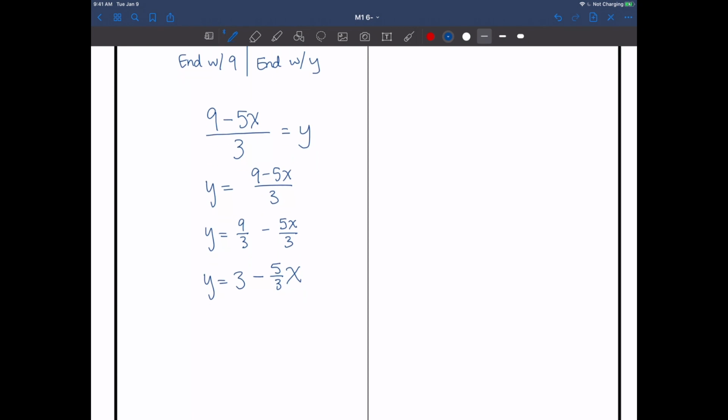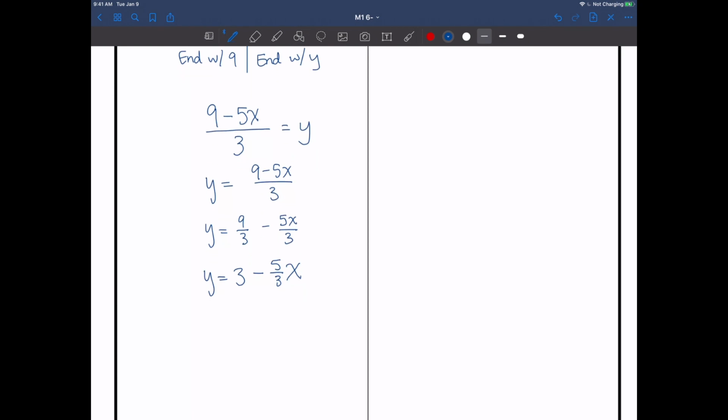Now, this is y equals b plus mx. So now let's rearrange it. Let's do another equivalent equation. So y equals, the m value is actually negative 5/3, negative 5/3 x.